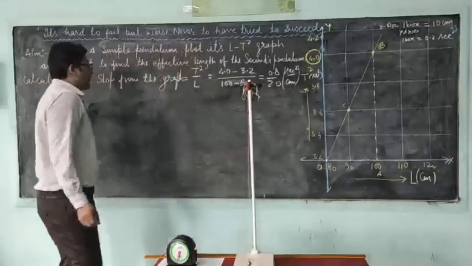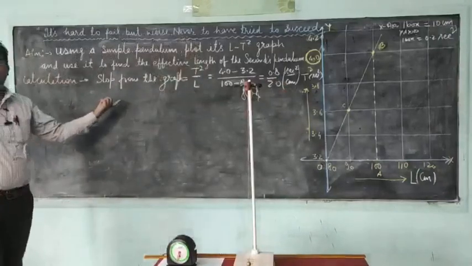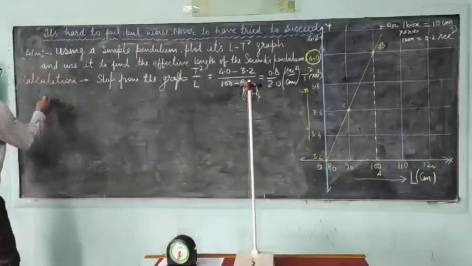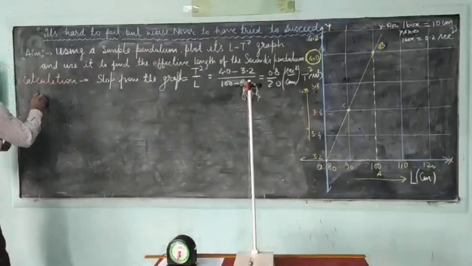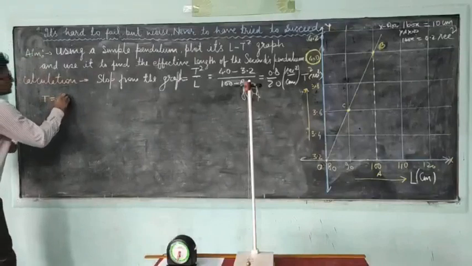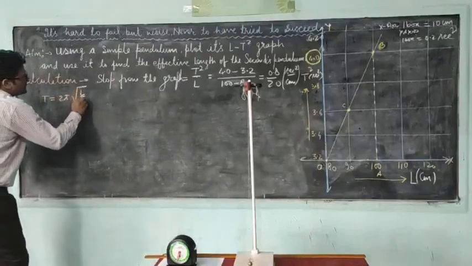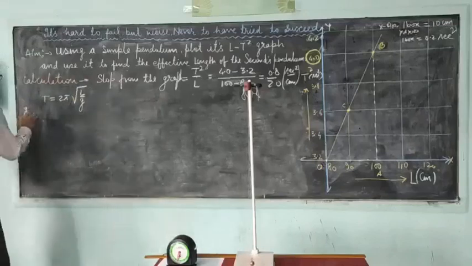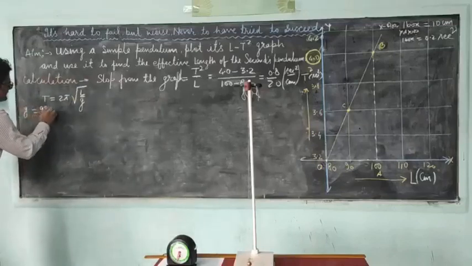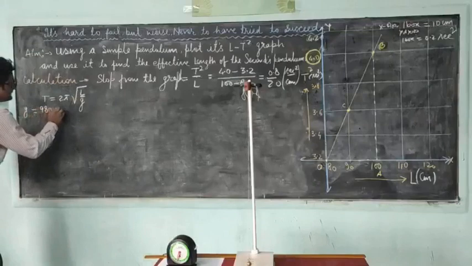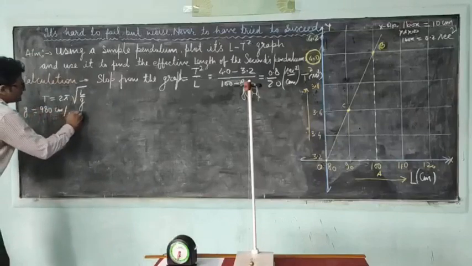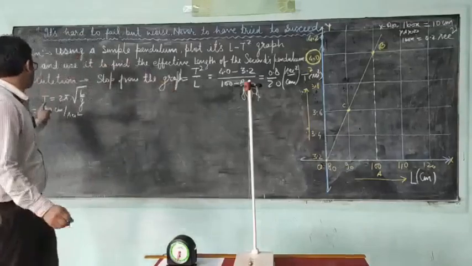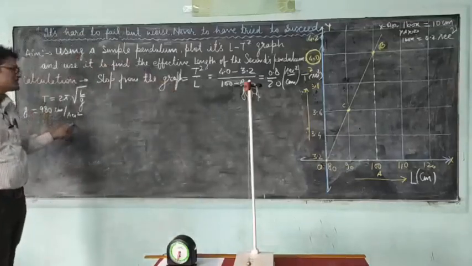So from there we have to find the effective length. Then we will use the formula T is equal to 2 pi under root L upon g. Here we will take the value g equal to 980 centimeter per second square, because all the values are in centimeters, so that's why I am taking 980 centimeter per second square.